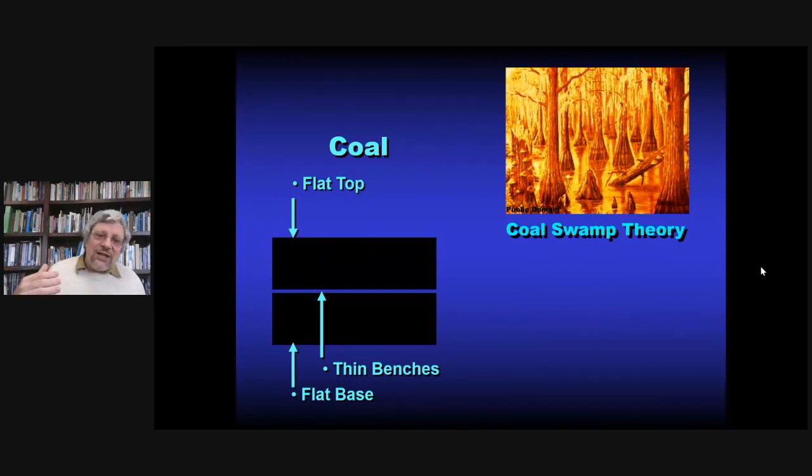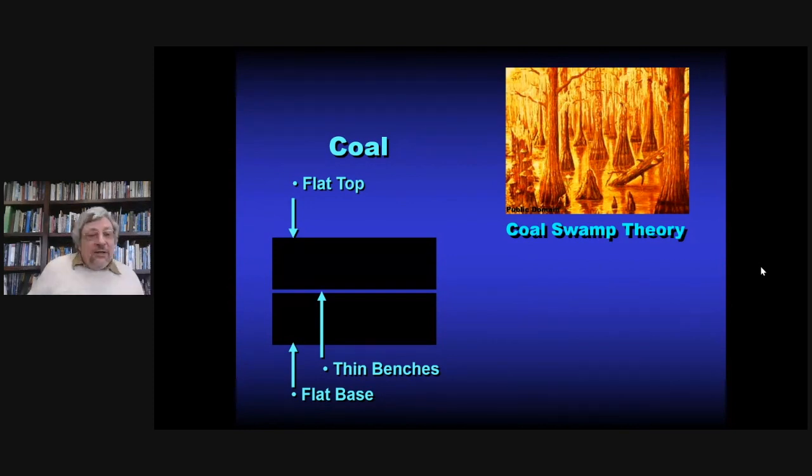But how do you get a coal forest to, let's say, at the end of deposition, create a flat top coal? I was told when I was in school that that's because a hurricane came through all the forest, and I was from Illinois. I didn't experience hurricanes, so I bought it.